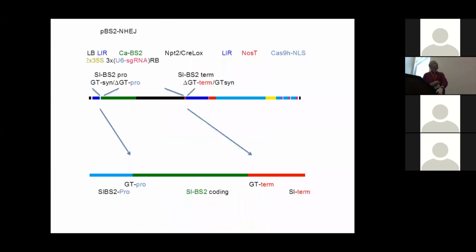We don't have the results yet, but we are using CRISPR-Cas9 to make double cuts, to try to use homologous recombination to insert the pepper open reading frame behind the promoter and the terminator of the orthologous gene in tomato.